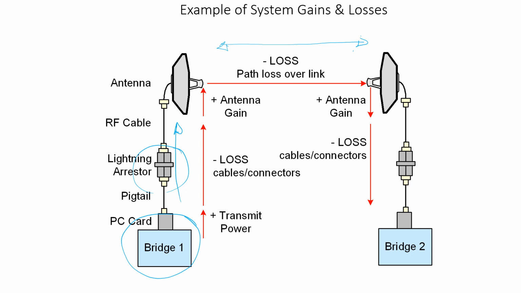Of course, there are some gains. The antenna here and the antenna here both have gains, and we need to know and understand what those gains are, so we can include those gains in the system equations. We need to know the transmit power, and I think that's it. We've got just about everything that we need to know, at least in principle, to do the calculations.